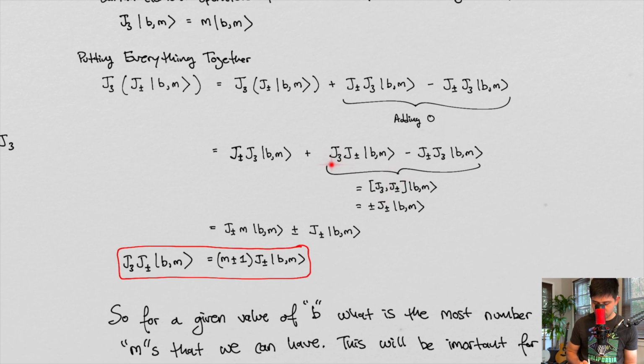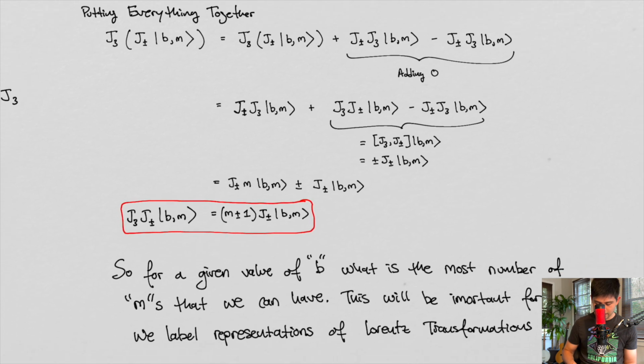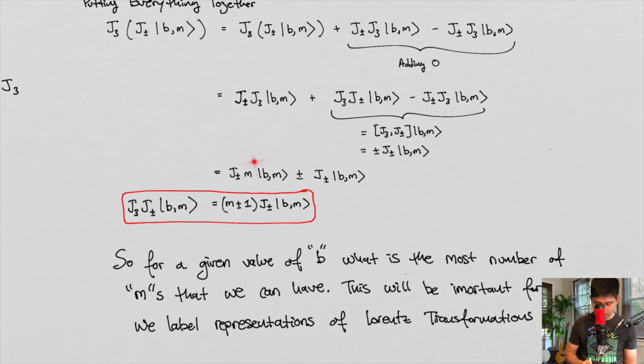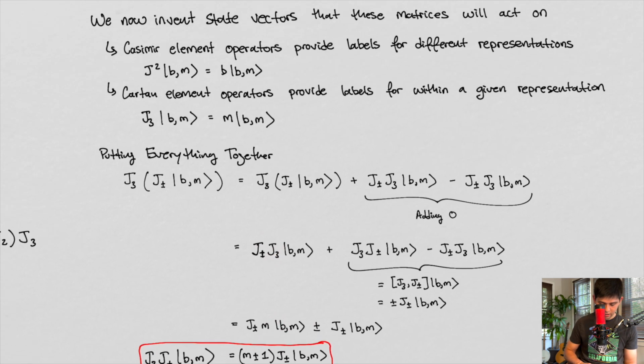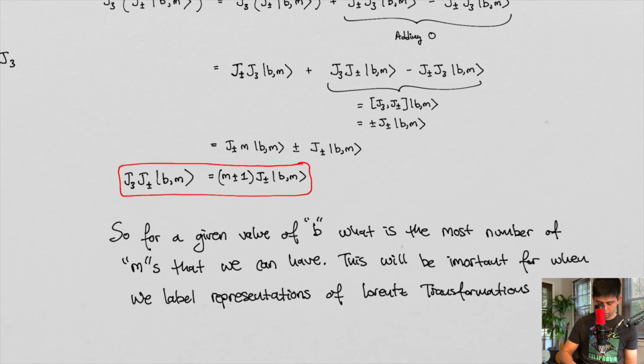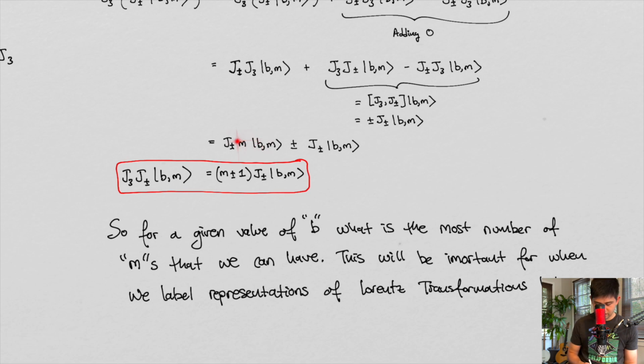This is just the commutation relationship, J3, J plus minus. We found the commutation relationship was this right here, and then we get this here, because we said J3 is a Cartan element operator. It'll bring out M. This is just by definition. If J3 does that, and J plus minus just stays the same, then we can bring an M out.